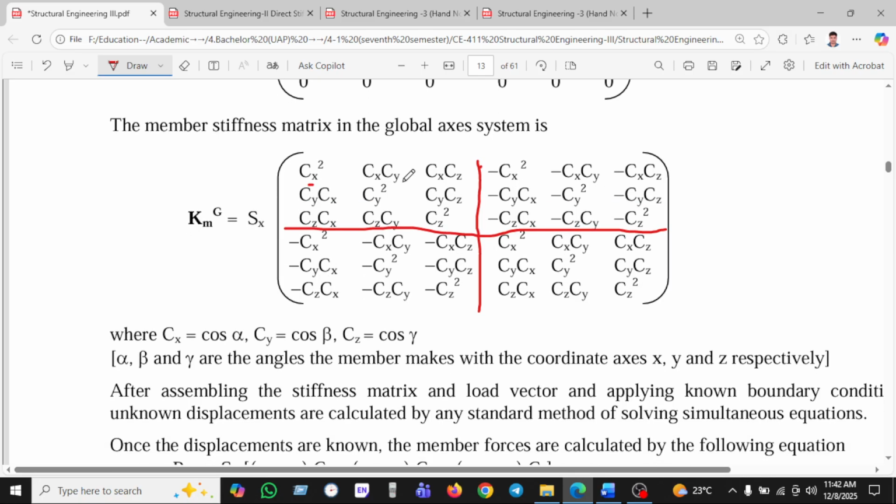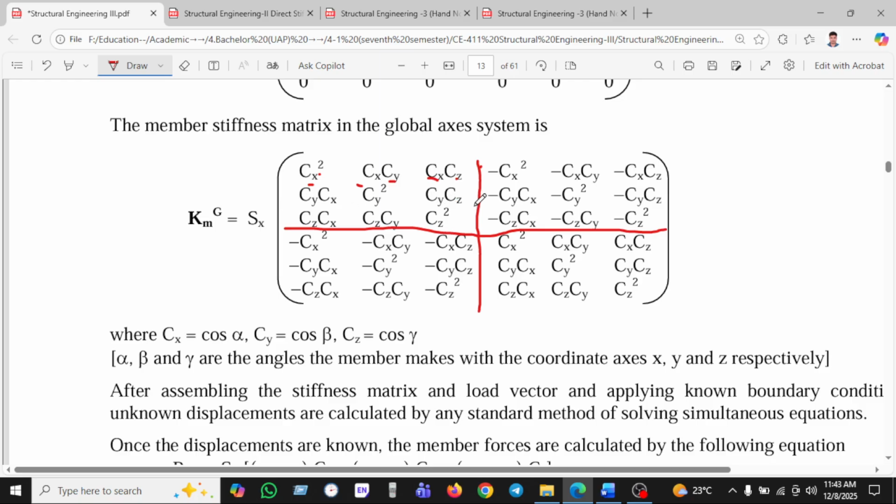In the first row, all are cx, so cx into cx gives cx square, then cx into cy gives cx cy, and cx into cz gives cx cz. That means the first row is all x, the second row is all y, and the third is all z.